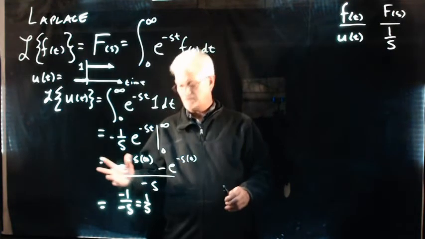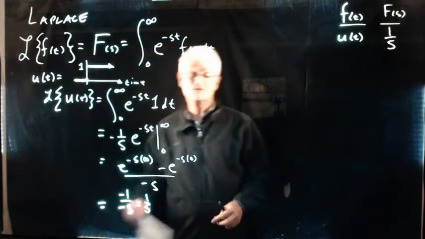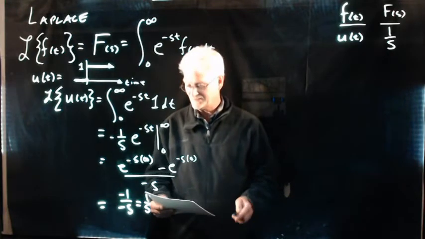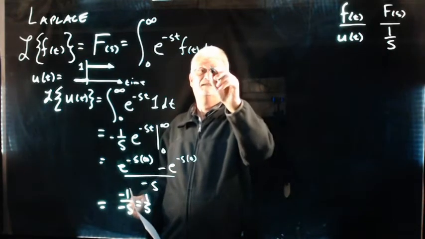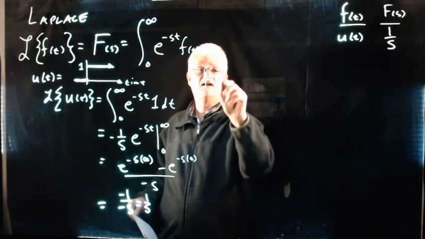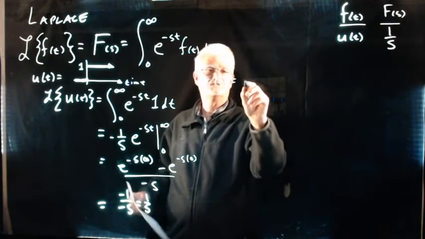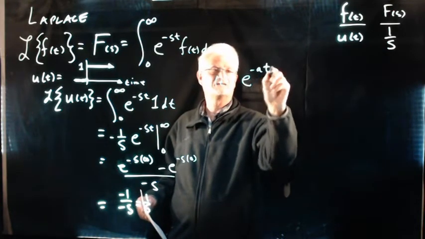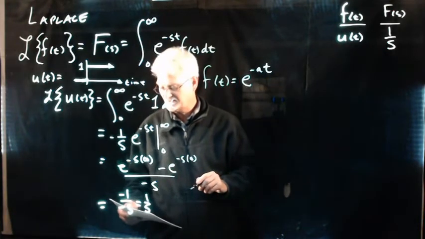So we could try one more. A lot of times there's 2 or 3 of these things that you can do by hand if you know how to do them. And so let's try one more here. Let's do f of t is equal to e to the minus at. That's going to be an important one. That's one that we're going to want to know.